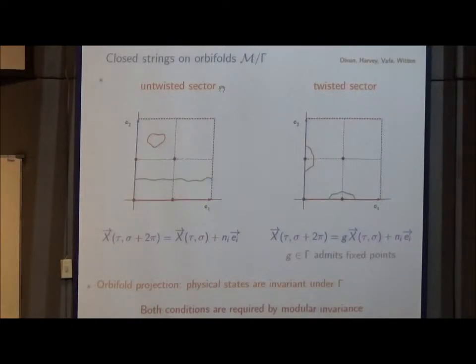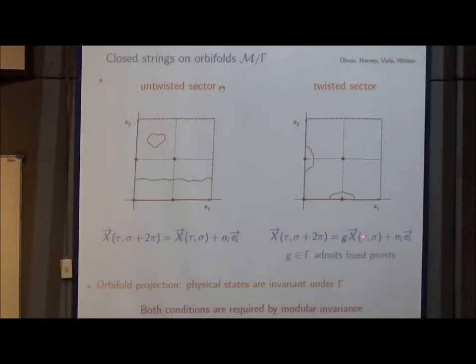They close because they are closed like this, or because they wind around one of the cycles of the torus, like this other green one. This is closed on the torus because this point and that point are identified. And so the kind of boundary conditions is just like you would have on a torus.